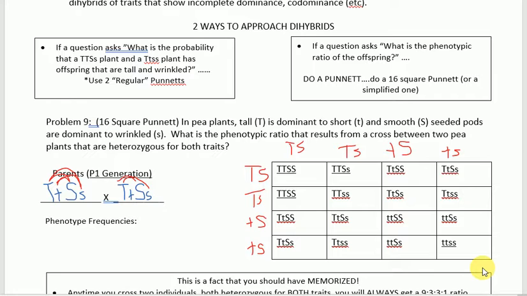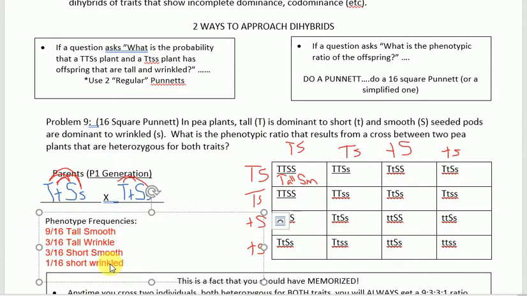We want to know how many are tall, smooth, etc. So you're going to pause again and go through and mark which ones are tall, which ones are smooth, etc. For instance, this first one is going to be tall, and it's going to be smooth. So go ahead and do that for the rest of them.